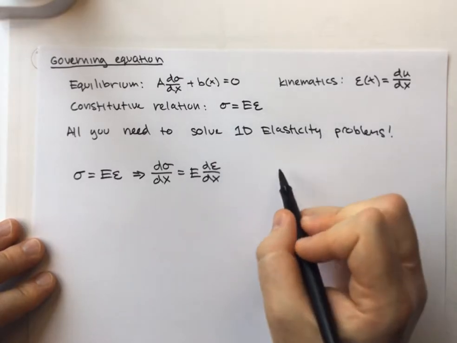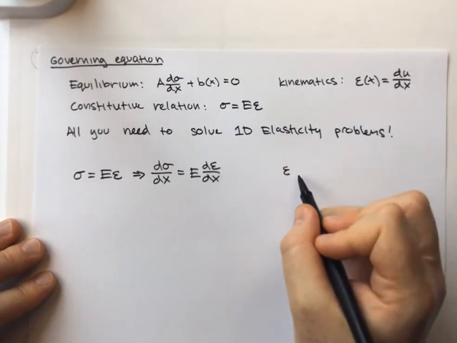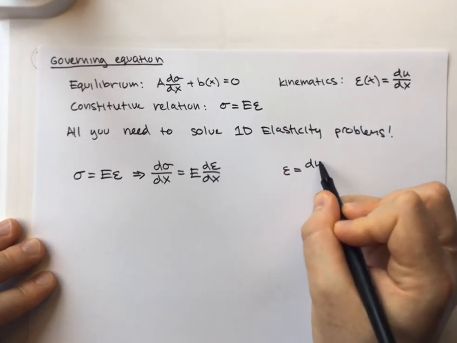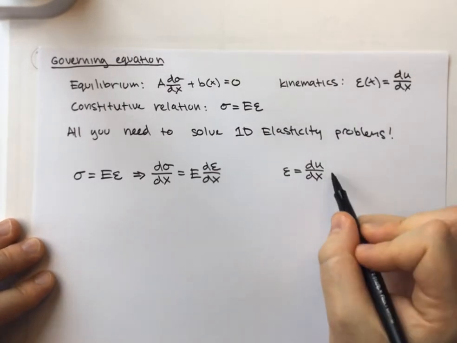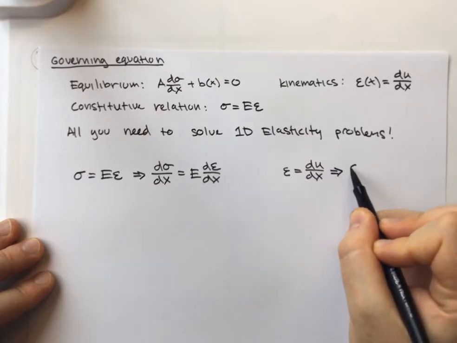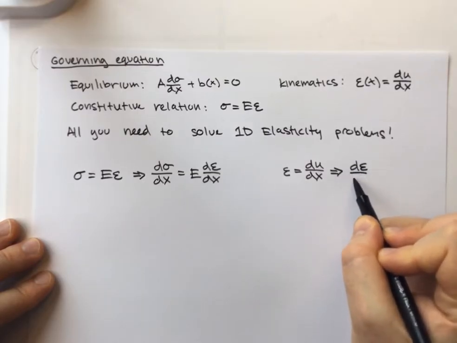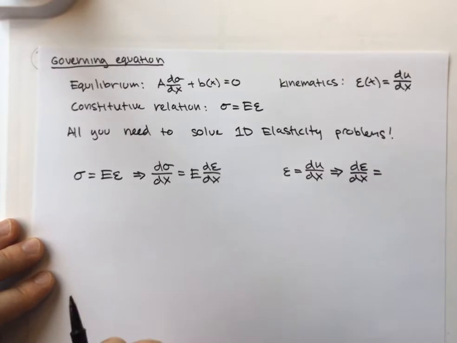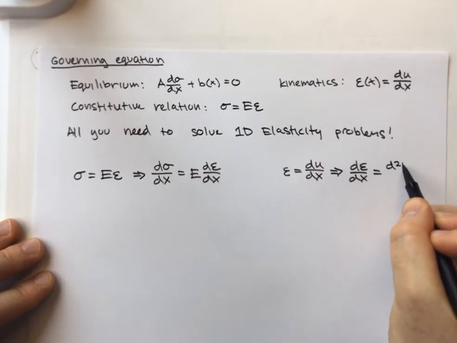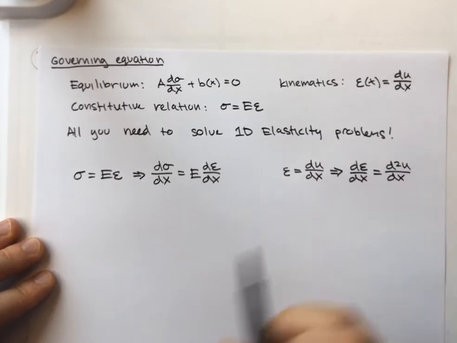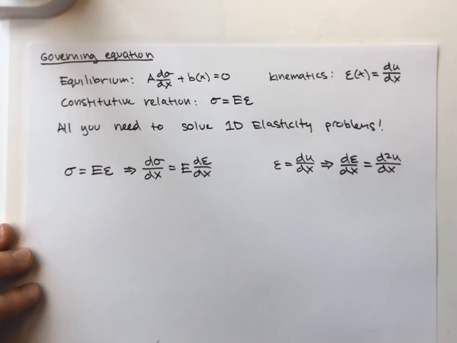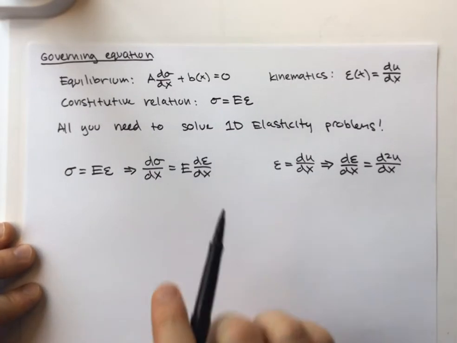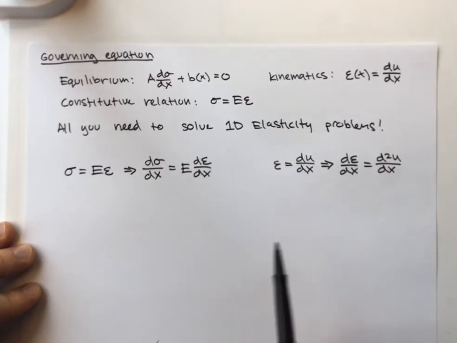Now I know that the strain is equal to the derivative of the displacement with respect to x, and that means that the derivative of the strain with respect to x should be equal to the second derivative of the displacement with respect to x. So all I've done here is take two derivatives. But now you might be able to see where I'm going with this. You can combine these two pieces together.